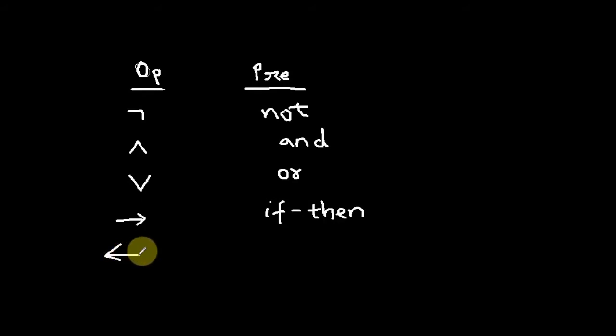This needs a minimum of two operands to work. Similarly there is another operator called biconditional, and in biconditional the statement is something like: if and only if.